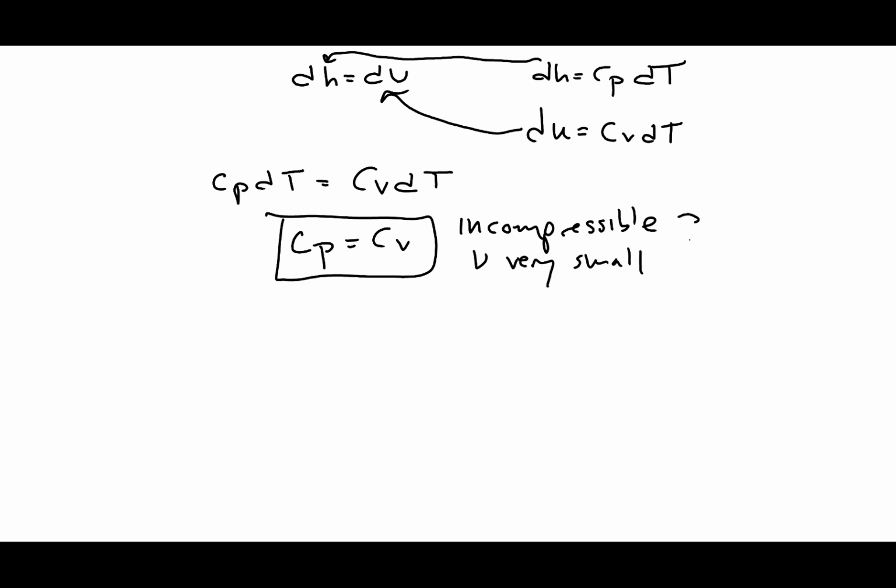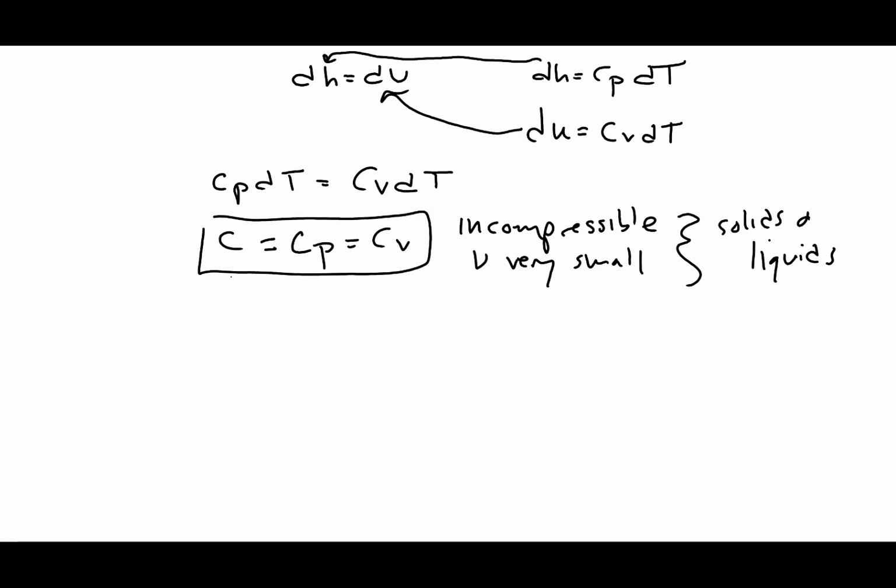So this can be applied to solids and liquids. And for solids and liquids, this is just called C, and this C is the heat capacity.